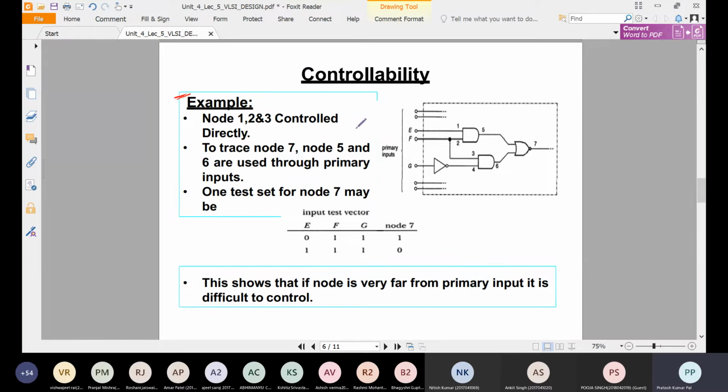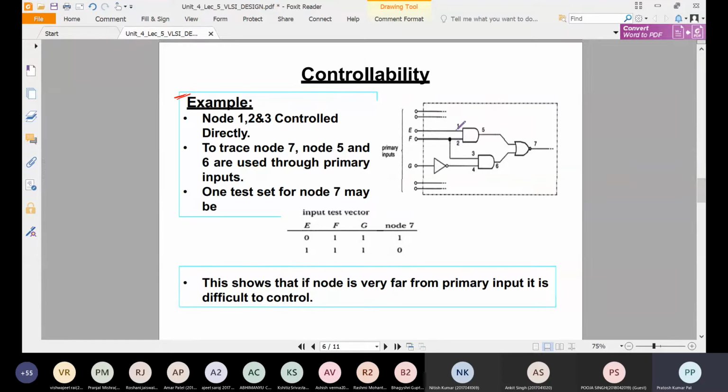Let us see controllability with an example circuit. Here the inputs E, F and G are the three primary inputs. Out of the complete circuit, we are including only E, F and G. Whatever primary input values are there will directly control nodes 1, 2 and 3.